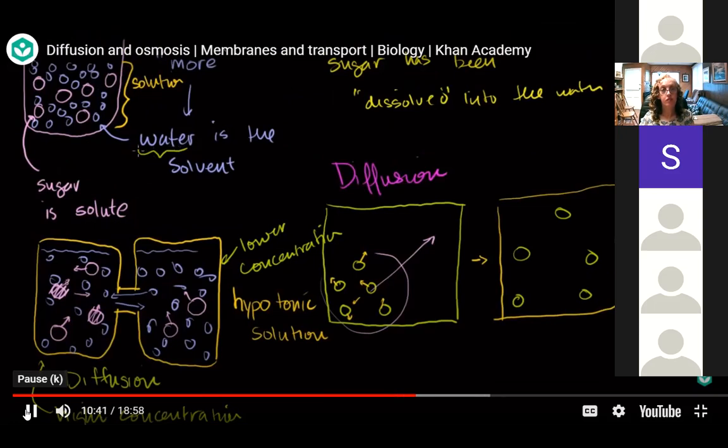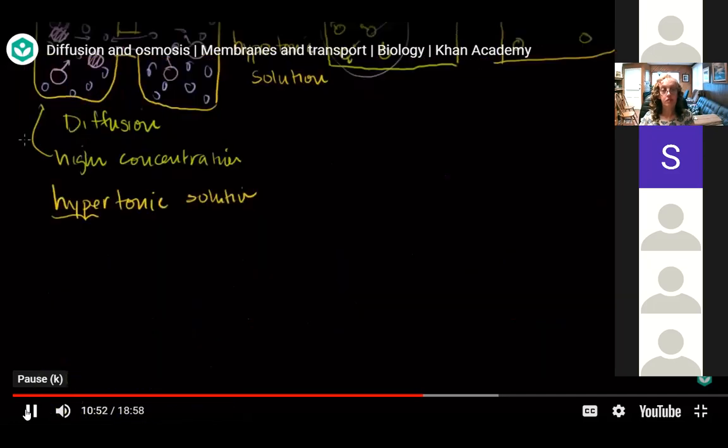But what happens if we have a tunnel where the solute is too big to travel, but water is small enough to travel? Let's think about that situation. In order to think about it, I'm going to do something interesting. Let's just say we have an outside environment that has a bunch of water.